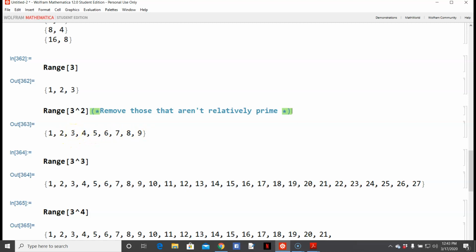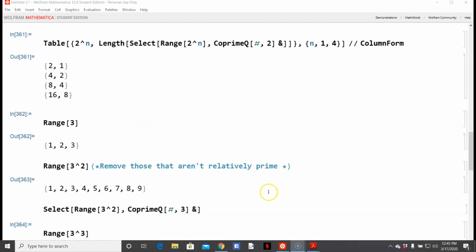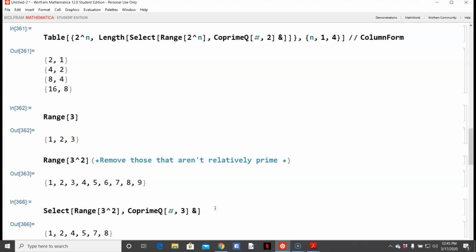So we should remove any value that is divisible by 3, namely the multiples of 3: 3, 6, and 9. So when we remove those multiples of 3, we're left with 1, 2, 4, 5, 7, and 8. Now, if you notice, there are 6 values.